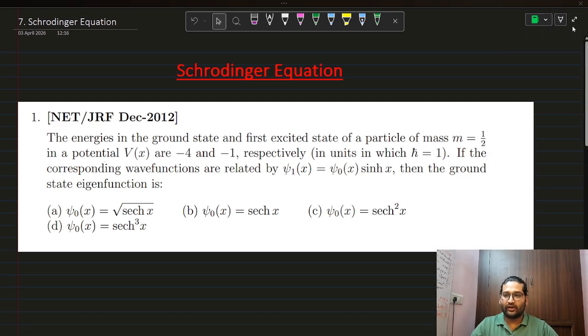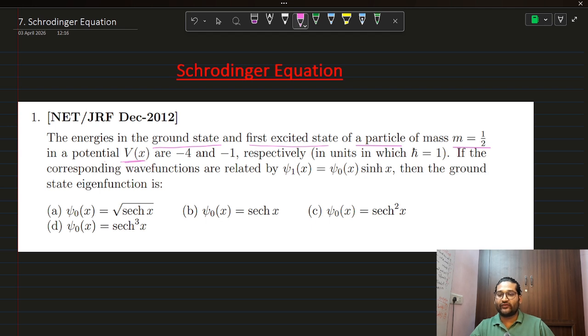The first question from the Schrödinger equation is about the eigenenergy in the ground state and the first excited state of a particle of mass m equal to 1 by 2 in a potential V(x).